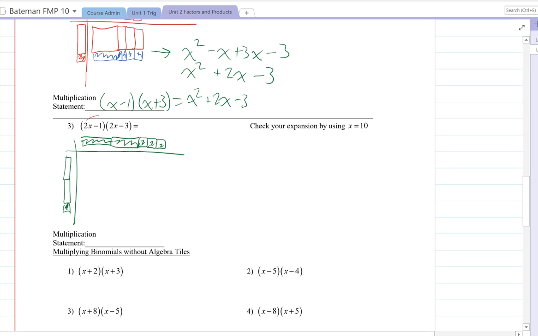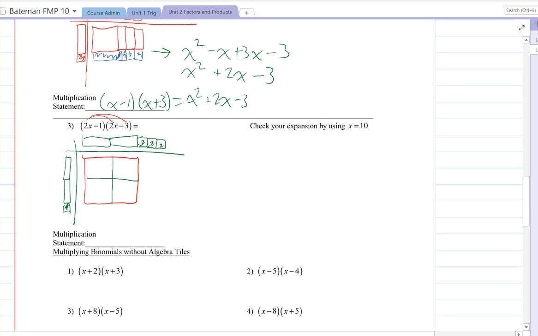So we have 2x times both parts. We have 2x times, oops, this should be not shaded, my bad. We have 2x times 2x, which gives us 4x squared.